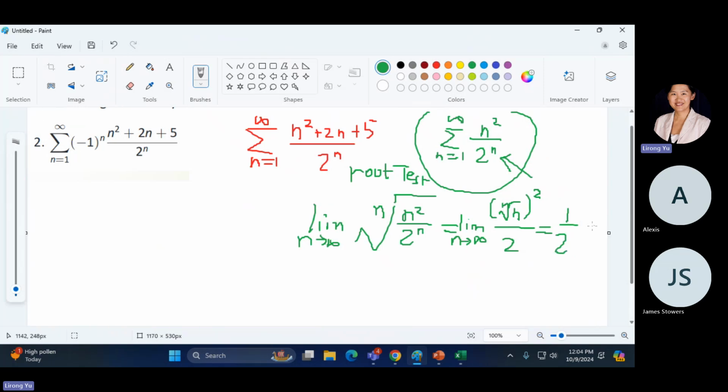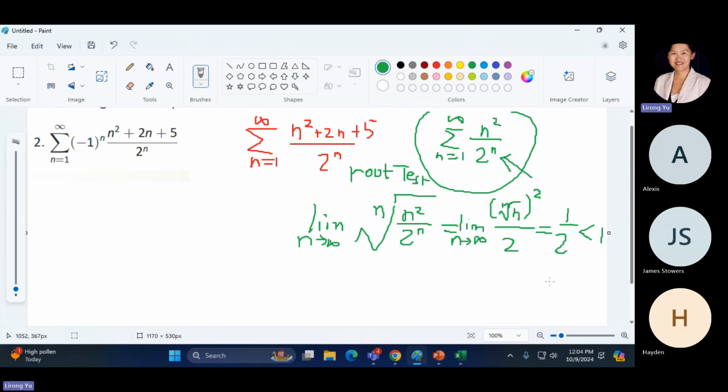That means the limit is actually less than 1. According to the root test, what's the result? The limit is less than 1, so this converges. It's comparable to a geometric series: when the ratio is 1/2, you have 1/2 to the power n.